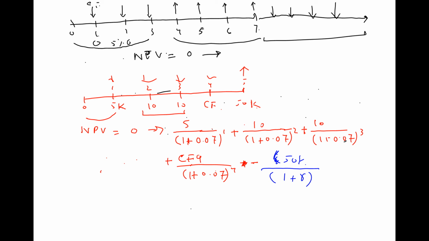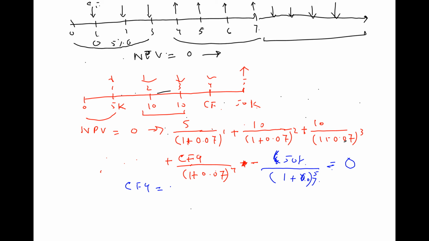What should be the power? 5, and 0.07 is the rate. I am equating this to 0. If I rearrange and solve for CF4, I am going to get the amount that I'm going to save in year 4 to meet my requirement of 50,000 at the end of year 5.